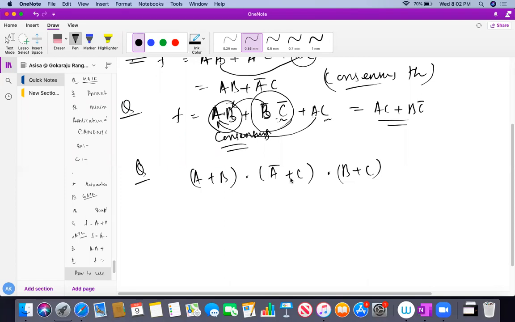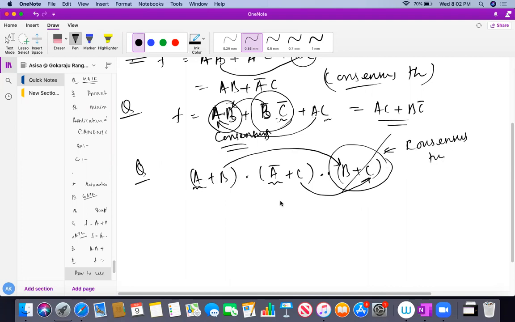So at the end, you will be messy. So see here what you can do. This term and this term are in complement form. This is the dual form of consensus theorem. See, the second literal of the first term is available, also the second literal of the second term is available as a third term. Okay, so this is my redundant term or consensus term, which can be dropped. So finally my simplified version is A or B, A bar or C. Understand, students? It's very simple, nothing else.